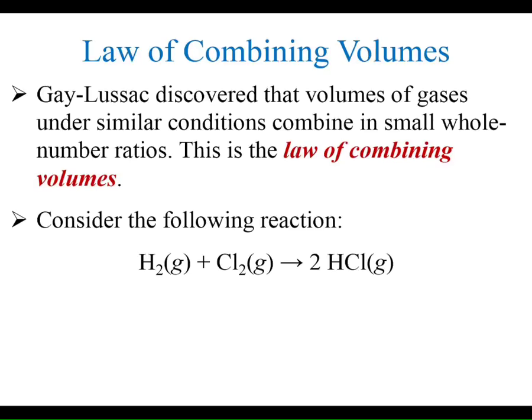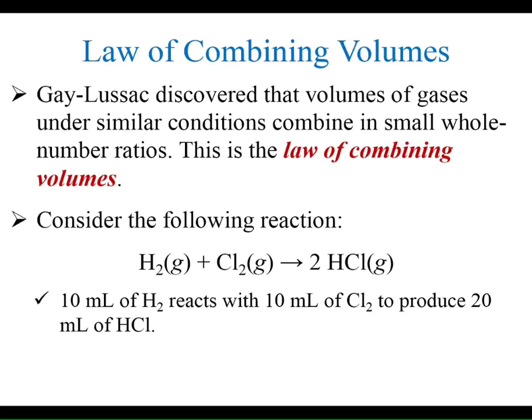The volume of hydrogen compared to chlorine is about a 1-to-1 ratio. Whatever volume you're using, maybe 10 and 10, you get out twice that amount of HCl. So it's about a 1 to 1 to 2 ratio.